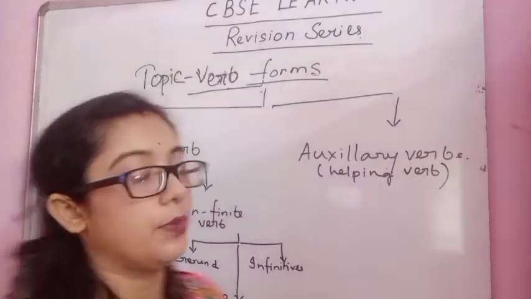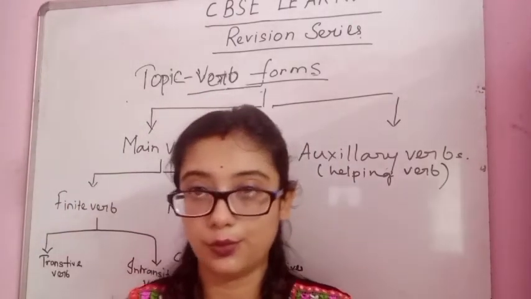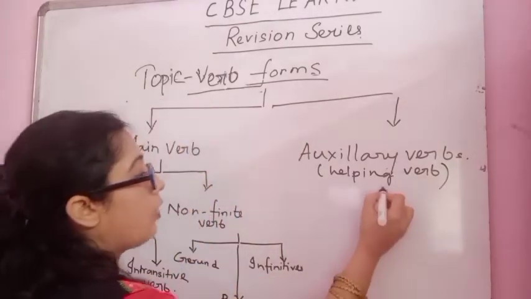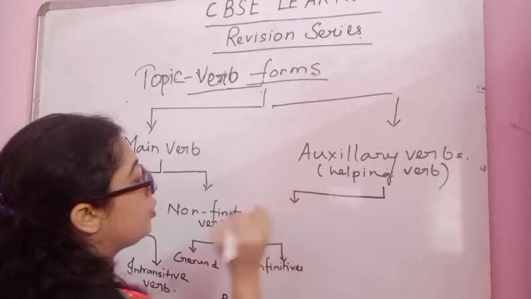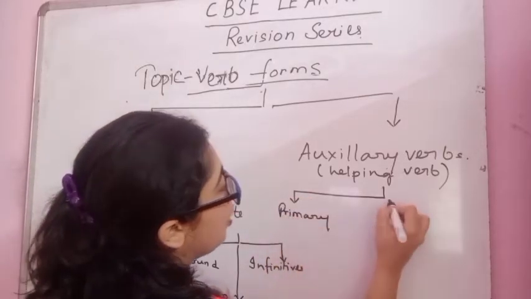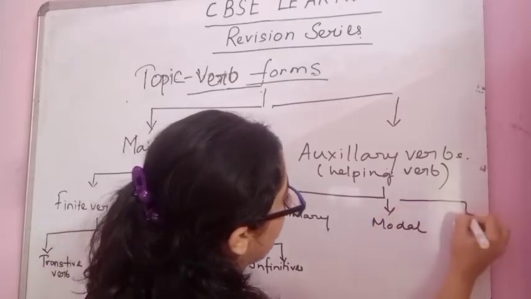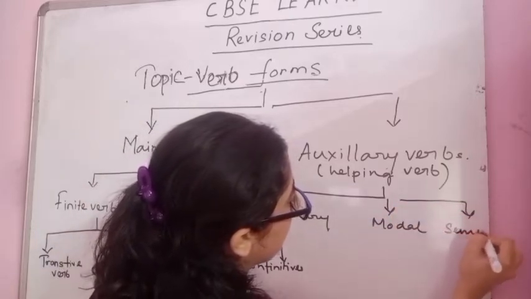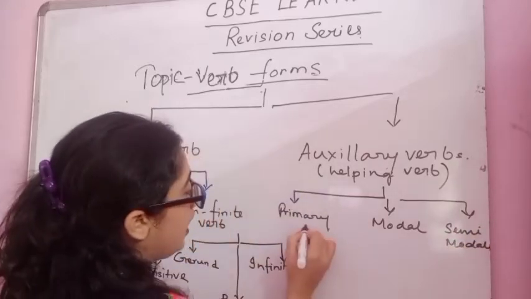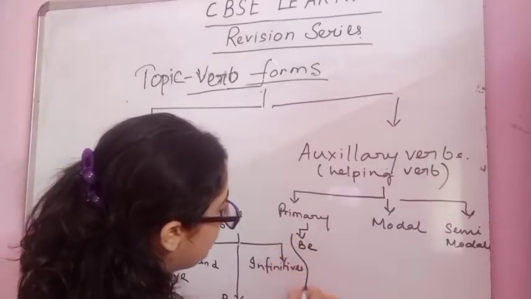Now auxiliary verbs. I have a separate video on all the auxiliary verbs and when to use them. Auxiliary verbs are also known as modals. So auxiliary verb is further divided into primary auxiliaries, modal auxiliaries or semi-modals. Primary auxiliaries are be. Now what are be words?